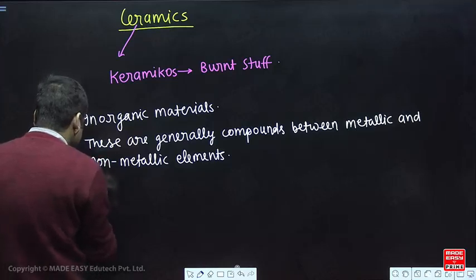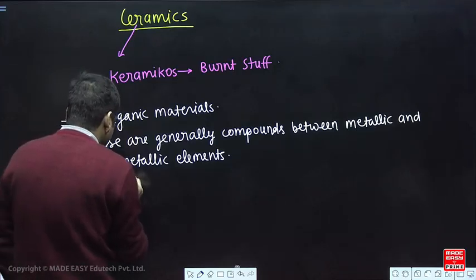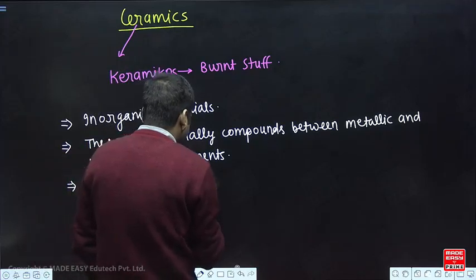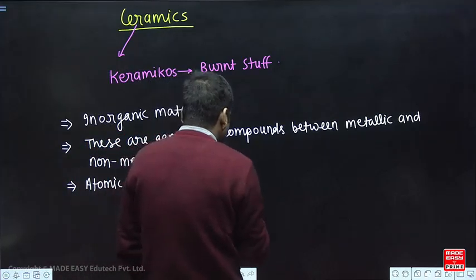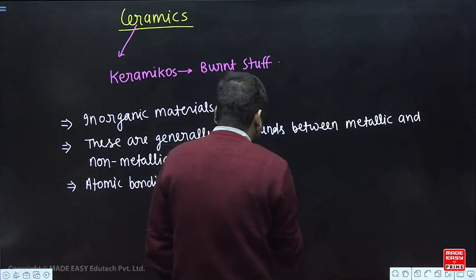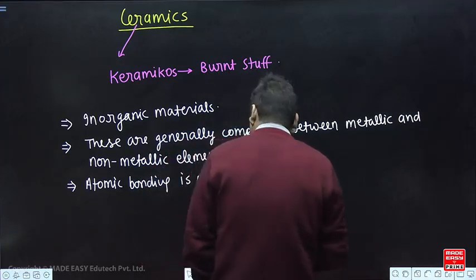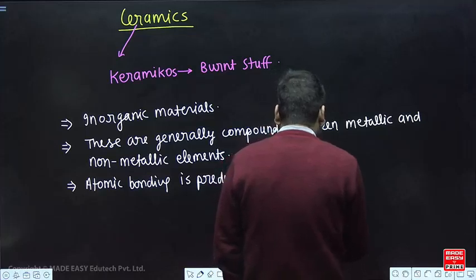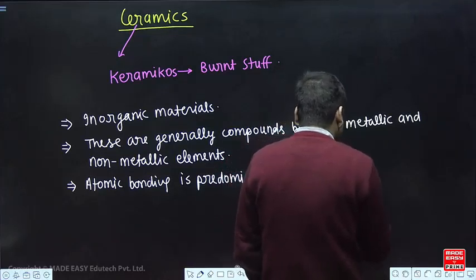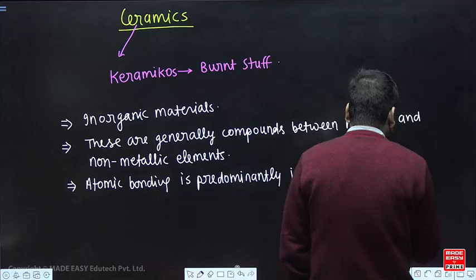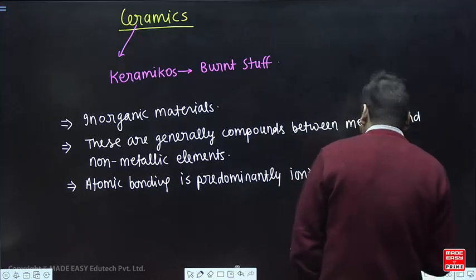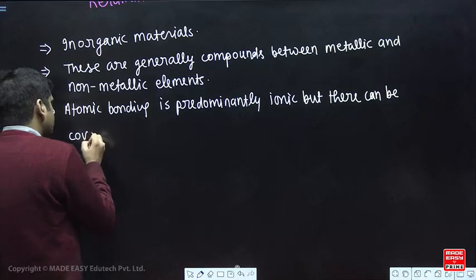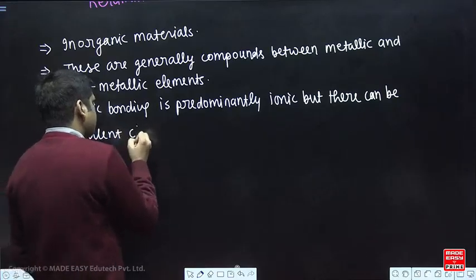Atomic bonding is predominantly ionic, but there can be covalent character also.